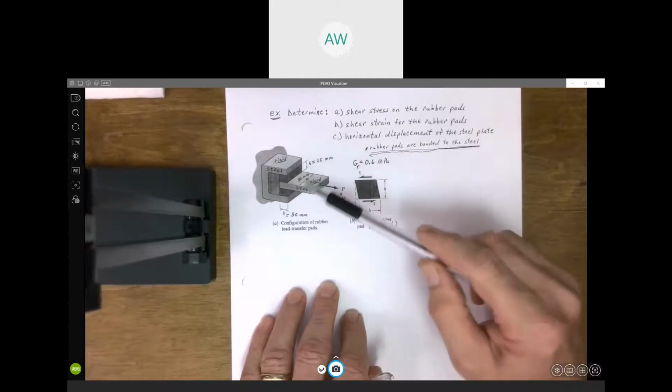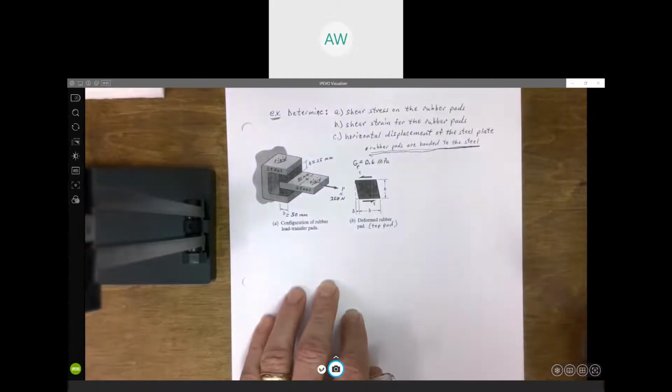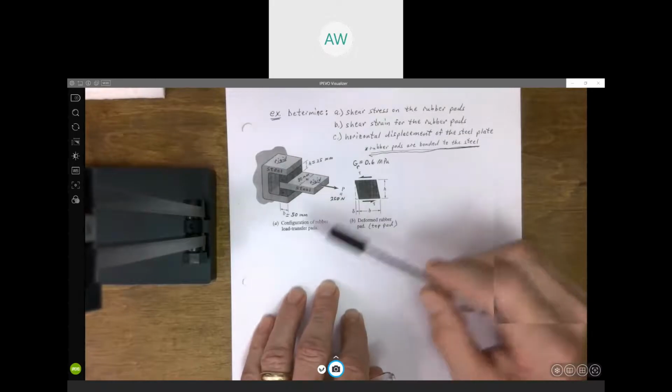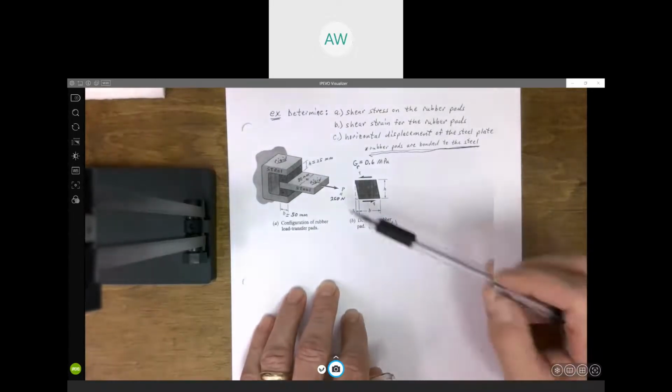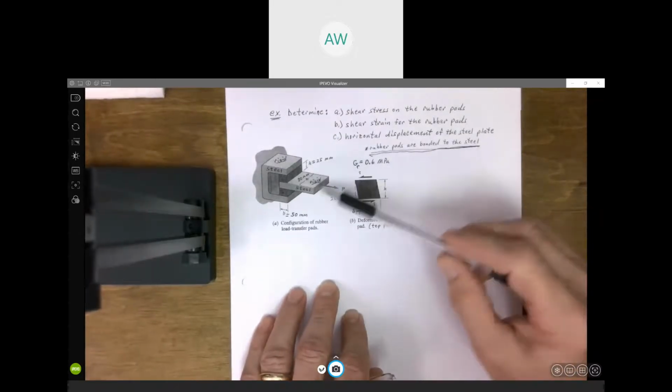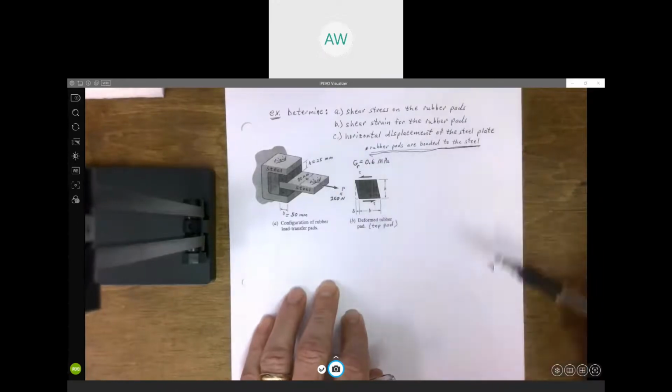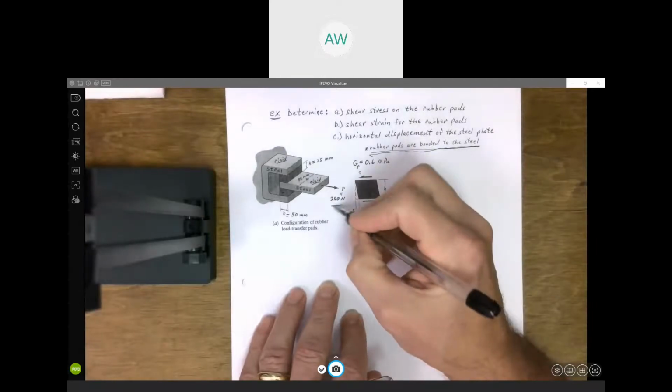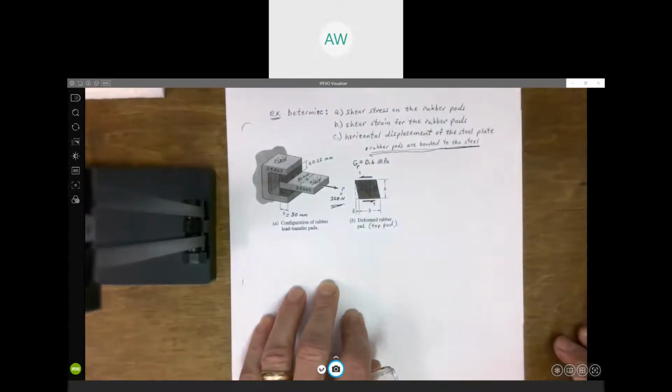So those are all attached. And we got the dimensions of the rubber pads. We've got the width of the steel plate, which is the same as the width of the rubber pad. And we're going to pull on that steel plate with a force of 250 newtons.